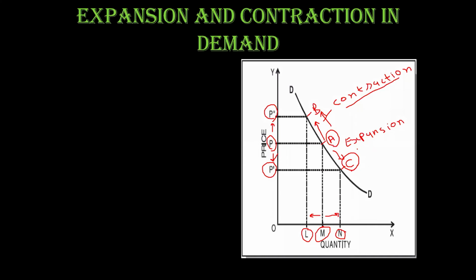When it is expansion, it is downward movement on the same demand curve. When it is contraction, it is upward movement on the same demand curve. Expansion, downward movement; contraction, upward movement. When there is a decrease in quantity demanded, it is known as contraction. When there is an increase in quantity demanded, it is known as expansion.